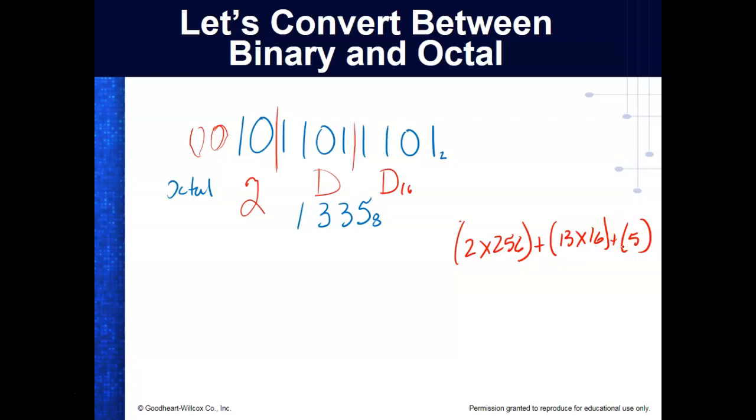Once you've learned your 16 multiplication table, it would actually be easier. I just went ahead and converted this to decimal. So I know this is a 13. Now 2 times 256 plus 13 times 16, plus 5, and I converted that to decimal. But you have to know those 16 multiples.